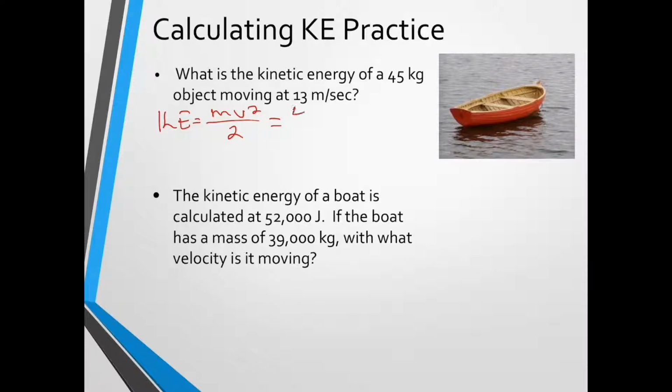So, our mass is 45 kilograms, our velocity is 13, and we have to square that, then divide it all by 2. So if you plug this into your calculator, you should have a kinetic energy of 3,802.5 joules.